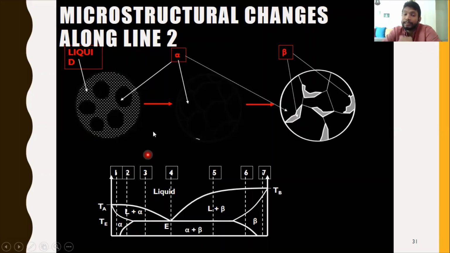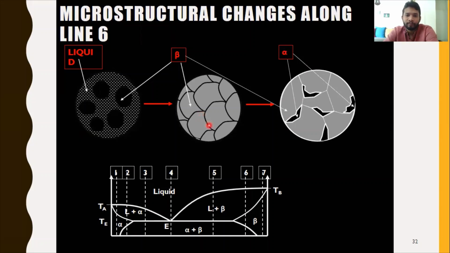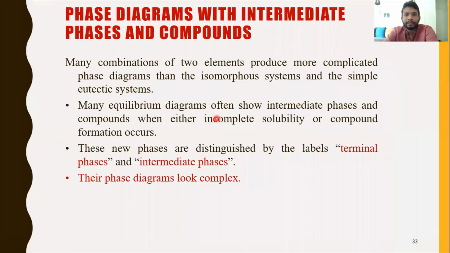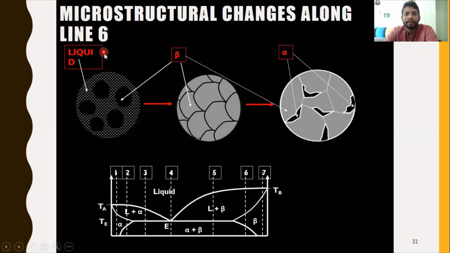Beta which was inside the structure will come from everywhere and gather in the corners of the grains. So that is how we draw this graph in partial solubility.